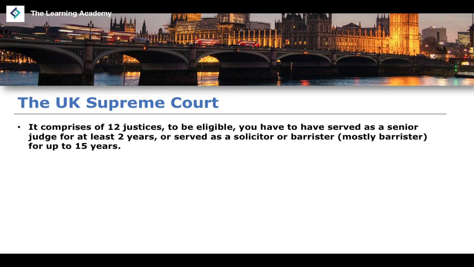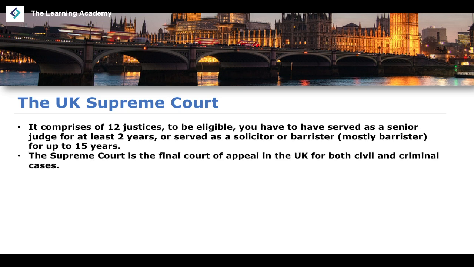For example, the former Supreme Court Justice Lord Sumption was, for the most part, a barrister and a practicing lawyer before becoming a member of the Supreme Court. So he was, I believe, the first person to become a Supreme Court Justice from the role of being a barrister straight into the Supreme Court, rather than spending 2 years as a senior judge. So this is how we get onto the Supreme Court.